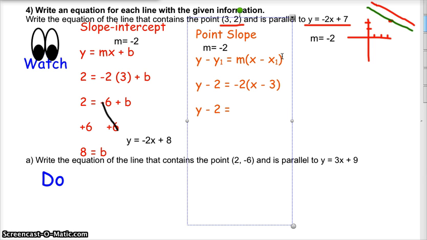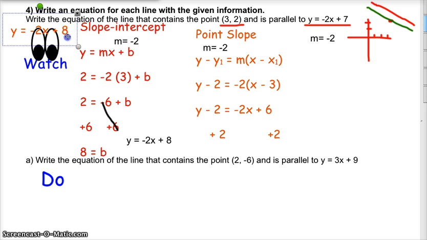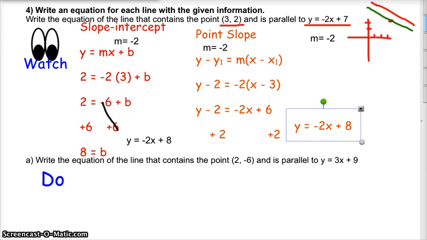I'm going to distribute the -2, and now I need to get the y by itself by adding 2 to both sides. y equals -2x plus 8. And it's because those canceled. Same problem, 2 different ways, same answer.